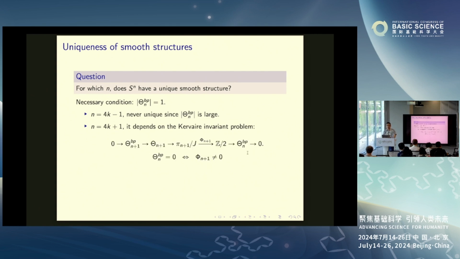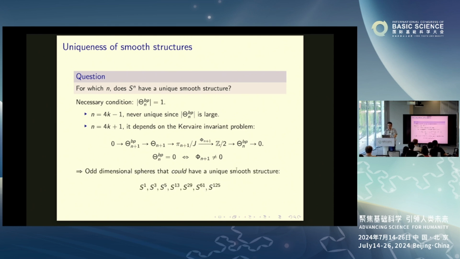Namely, we have this long exact sequence. For this subgroup to be order 0, we need this map to be nonzero. Therefore, in dimension 4k plus 1, this group could be 0 only if the Kervaire invariant in one dimension higher is nonzero, which gives us a list of candidates.